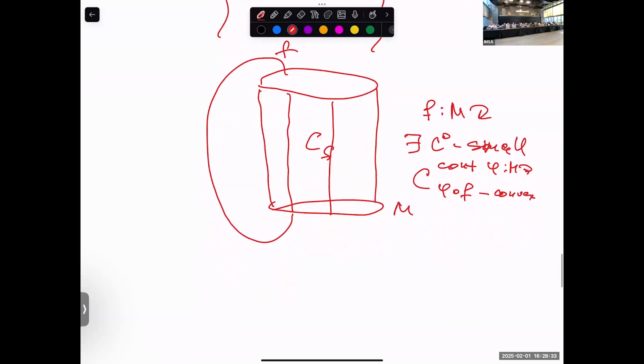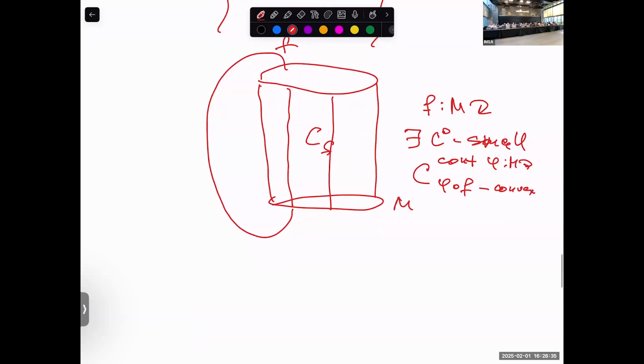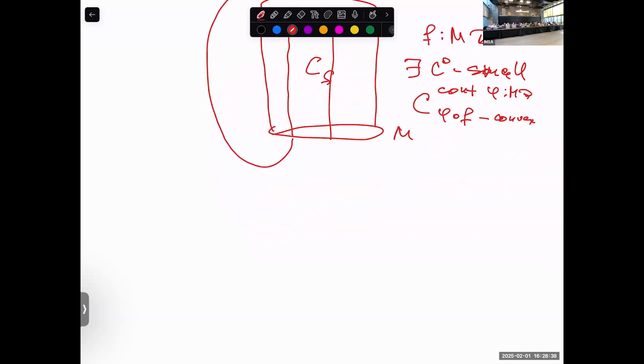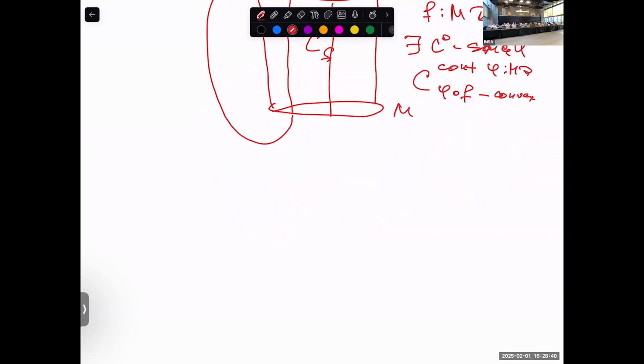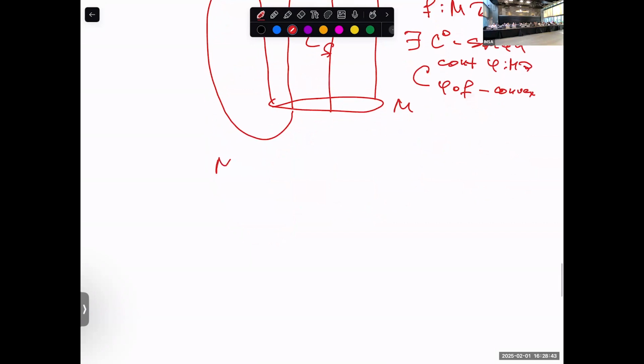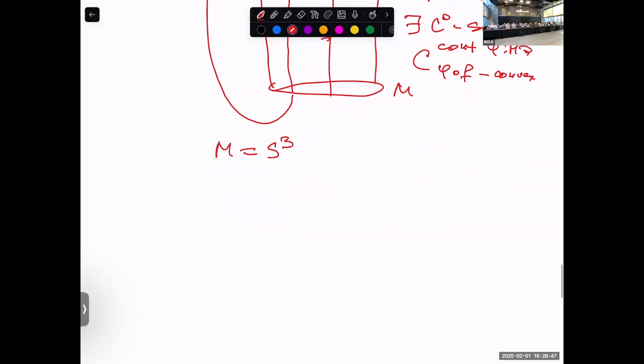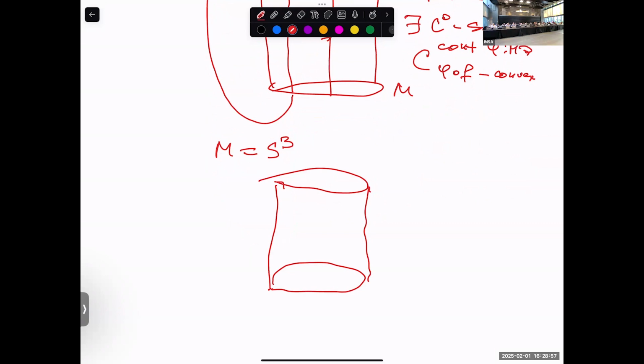C0 you can. So now let's understand a little bit, let's consider the following example. Suppose M is just standard S3. Let's see what we can say about this splitting which arises for a contactomorphism. You can always think that my characteristic relation is just straight. I cut it off.